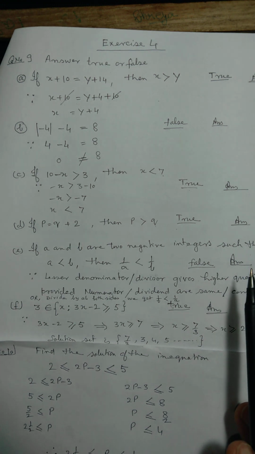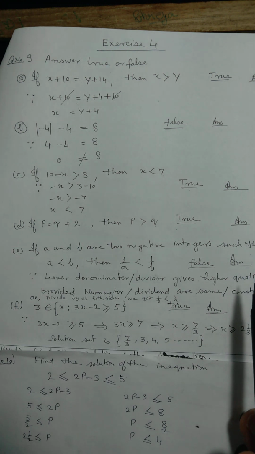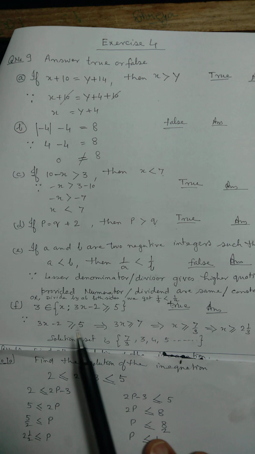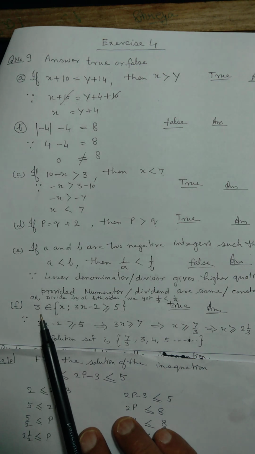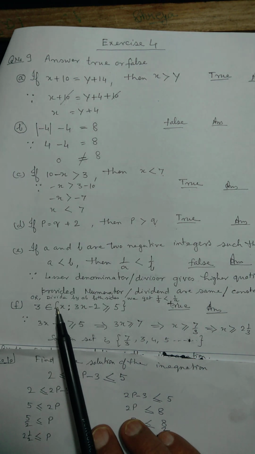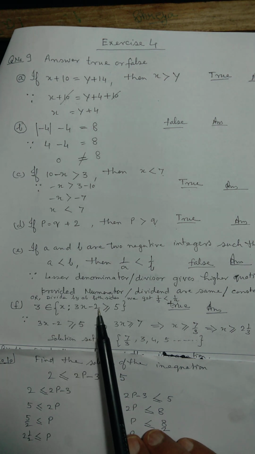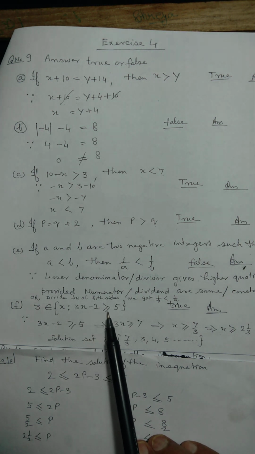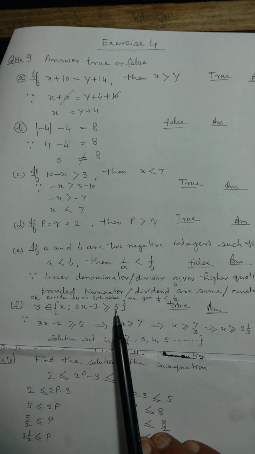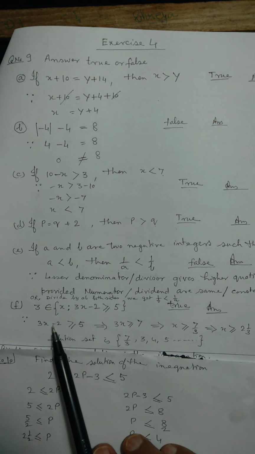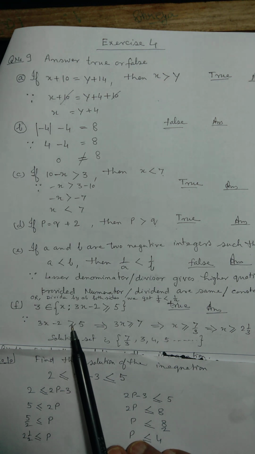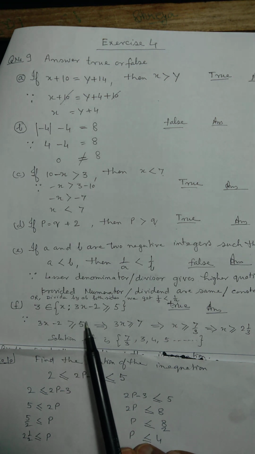Now come to F part. 3 belongs to the set of x such that 3x minus 2 is greater than or equal to 5. So 3x minus 2 is greater than or equal to 5.